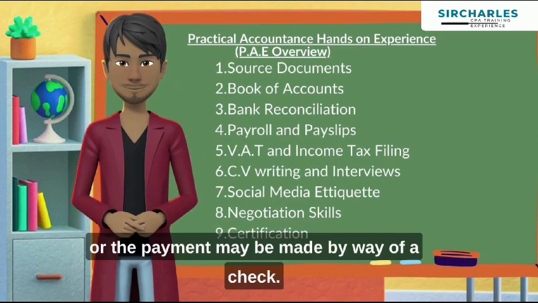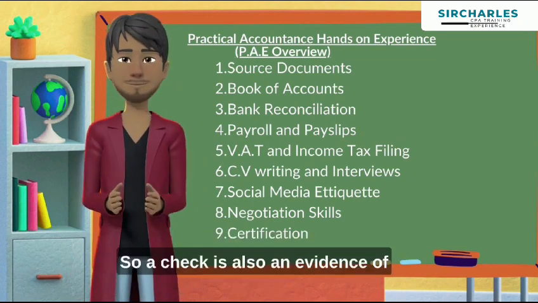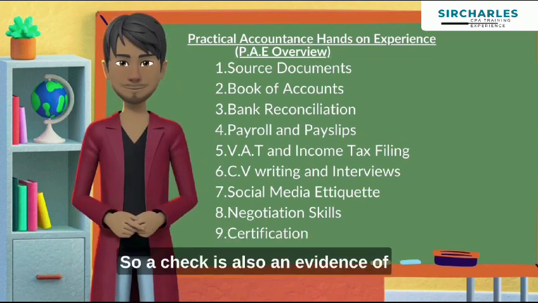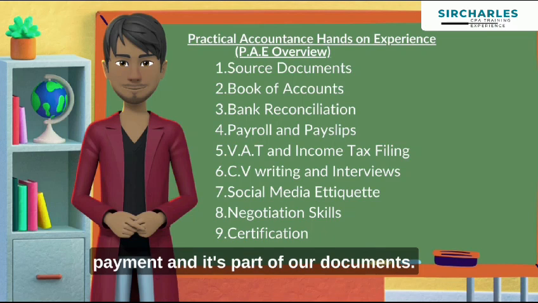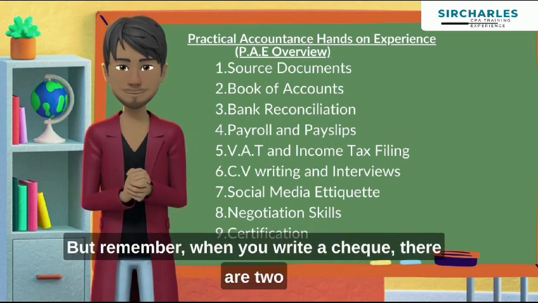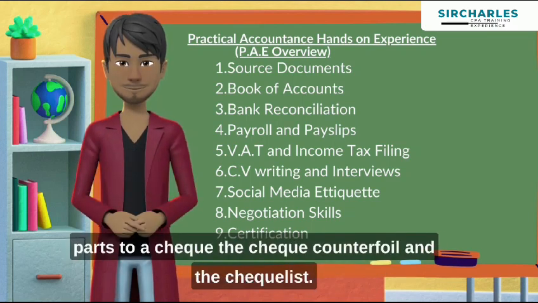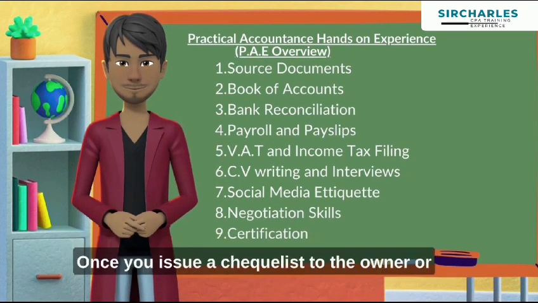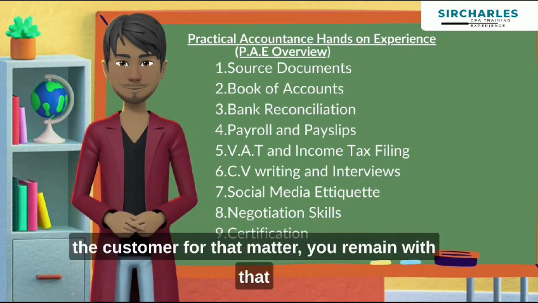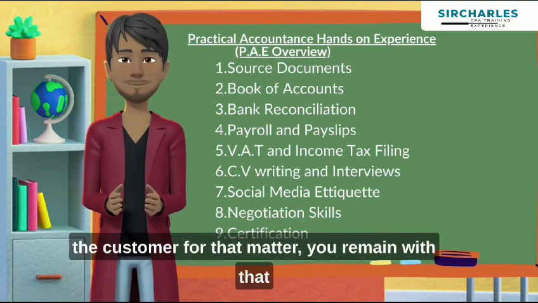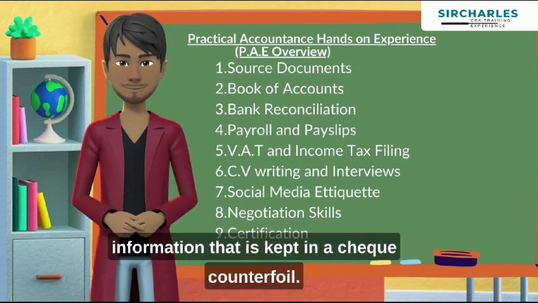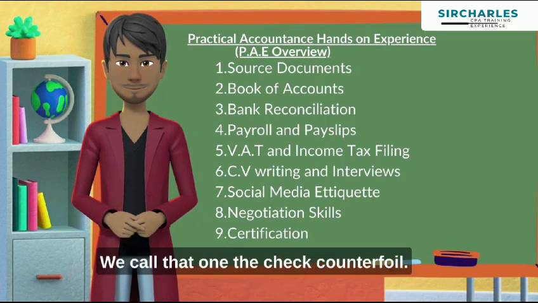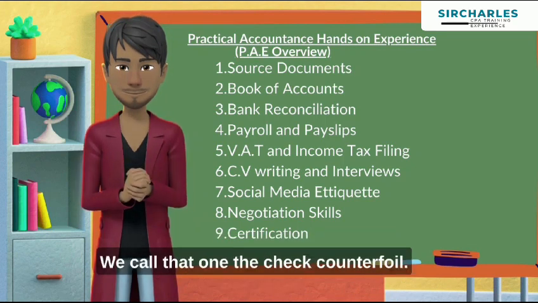Or the payment may be made by way of a check. So a check is also evidence of payment and it's part of our documents. But remember, when you write a check, there are two parts to a check: the check counterfoil and the check leaf. Once you issue a check leaf to the owner or the customer for that matter, you remain with the information that is kept in the check counterfoil.